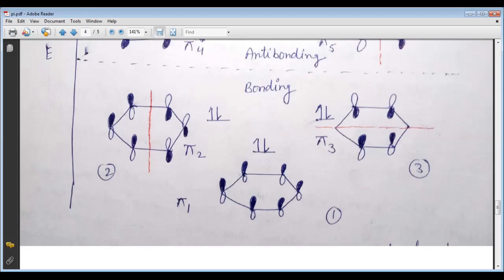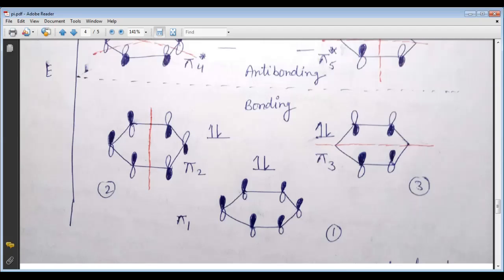So in the first structure, for pi one, all the orbitals are present in the same phase. So these are addition overlapping, or we can say they are bonding molecular orbitals. And here we can see that 2 and 3 have the same energy. We can see here that one node is present; the red line shows the one node.